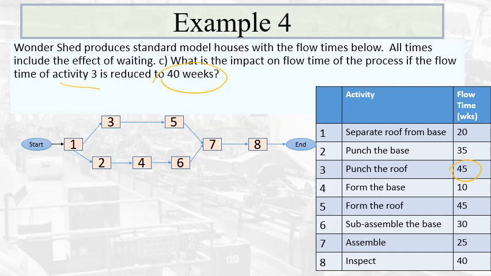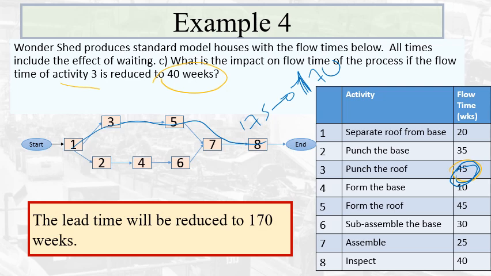Activity 3 is now at 45 weeks. So if you reduce it by 5, you move from 175 to 170. So I think this path is still the critical path, and the overall process time is going to be reduced to 170 weeks.